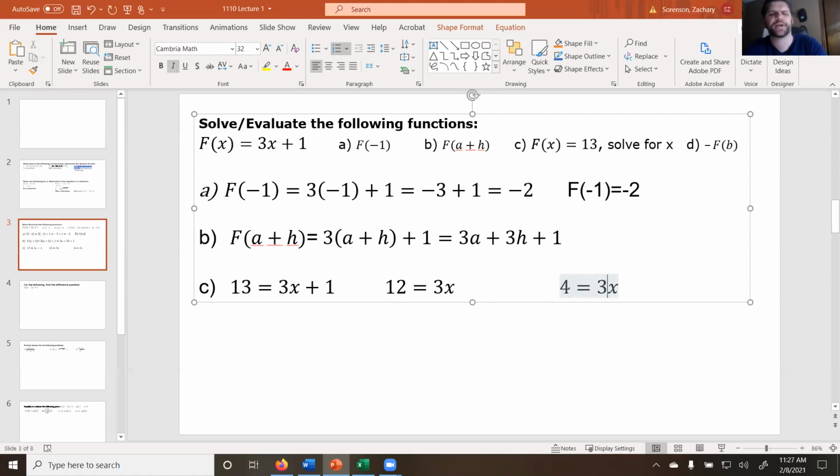How could I check this answer? You plug it back into the equation to make sure that when x is equal to 4, it equals 13. Exactly right. Well, this is my input that would force 13 to happen. So if I wanted to check my answer, I just plug in 4 into my function. I should get this result of 13.